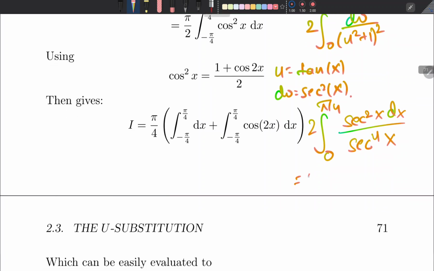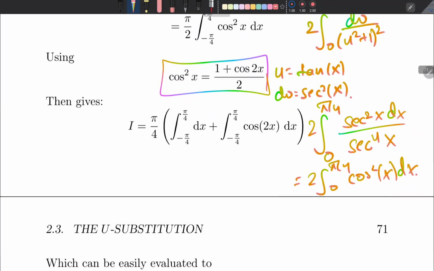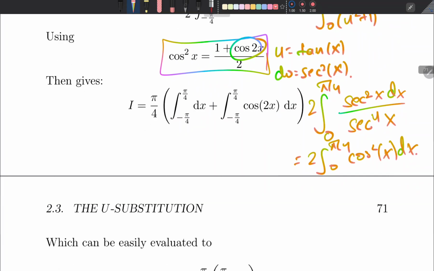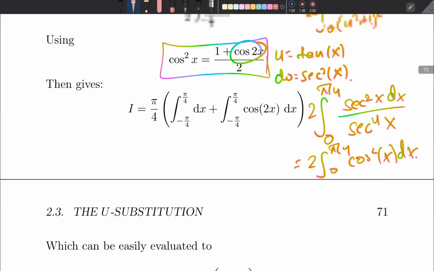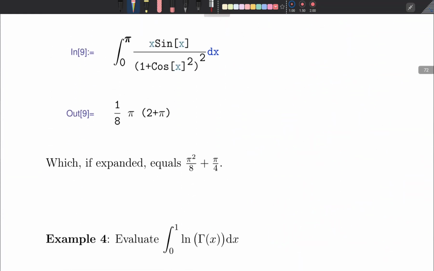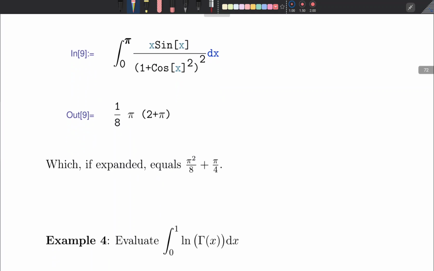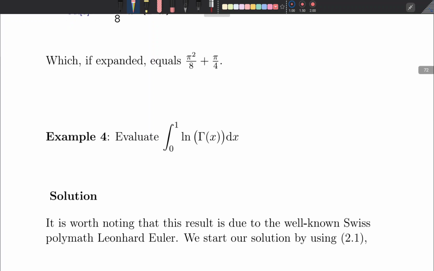So basically we have 2 times the integral from 0 to pi over 4 of cosine squared of x dx, and here we have to use the double angle formula of cosine, so it's kind of amazing. I won't say these integrals are difficult to do, but I can confidently put them in the middle category. They are not that basic either.